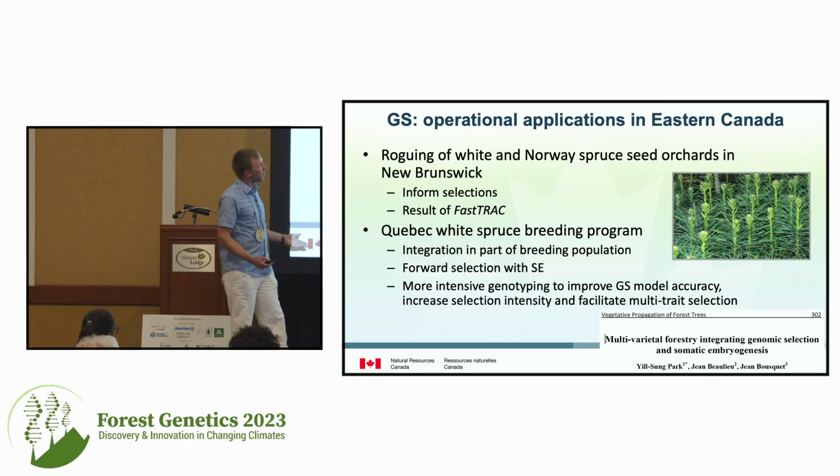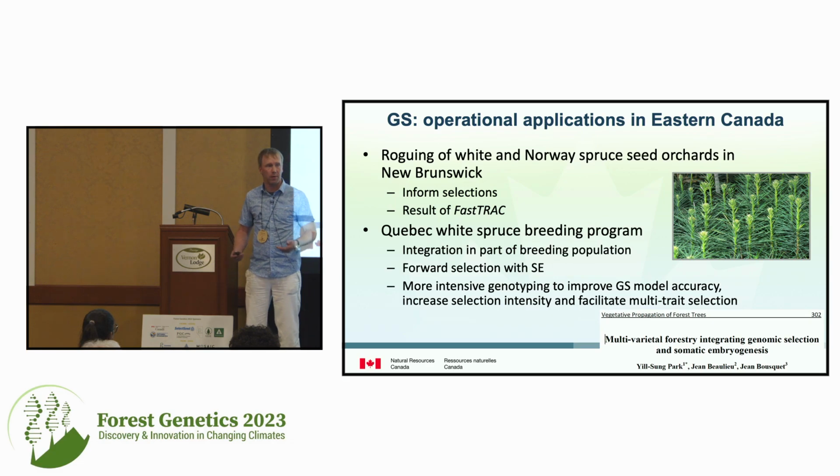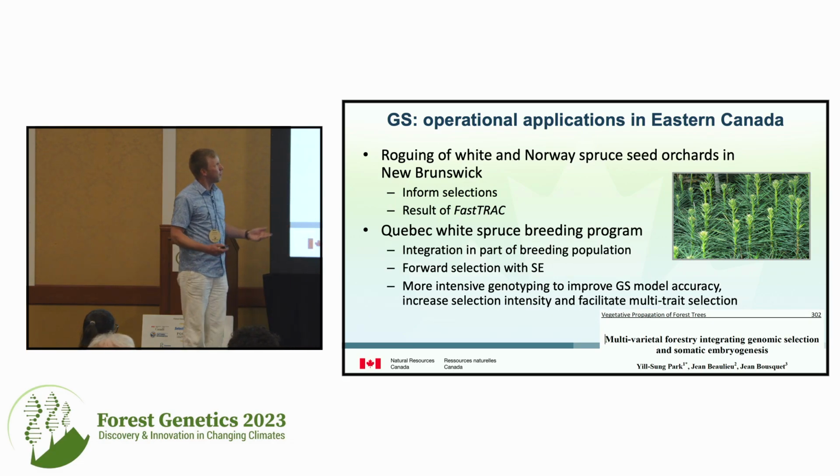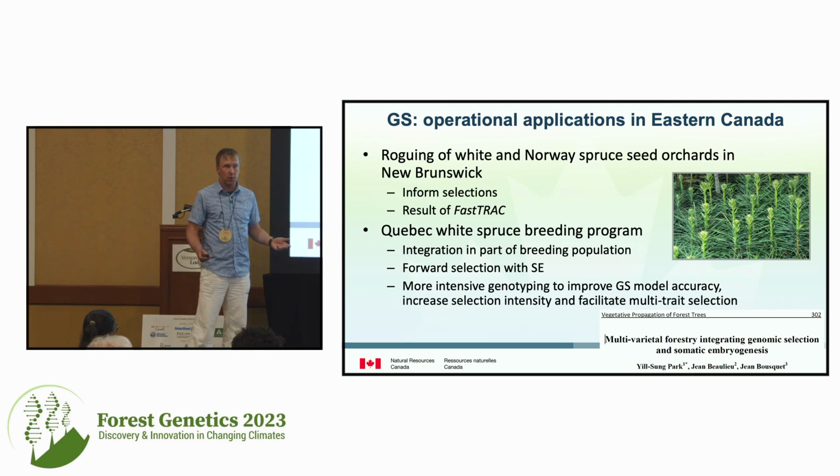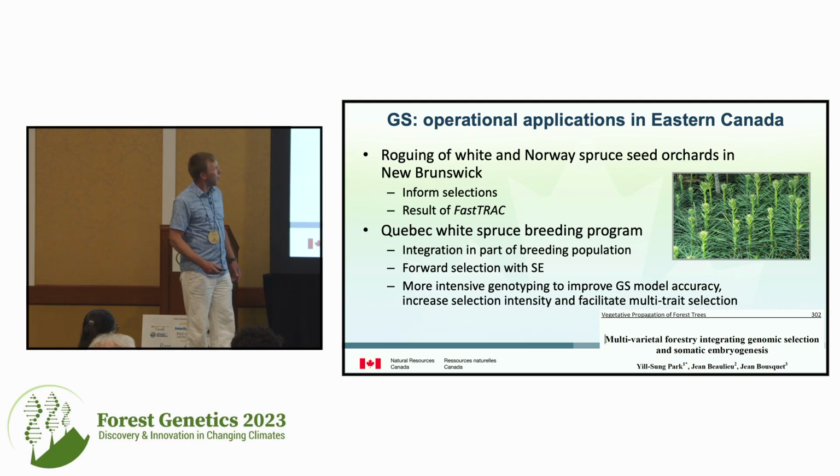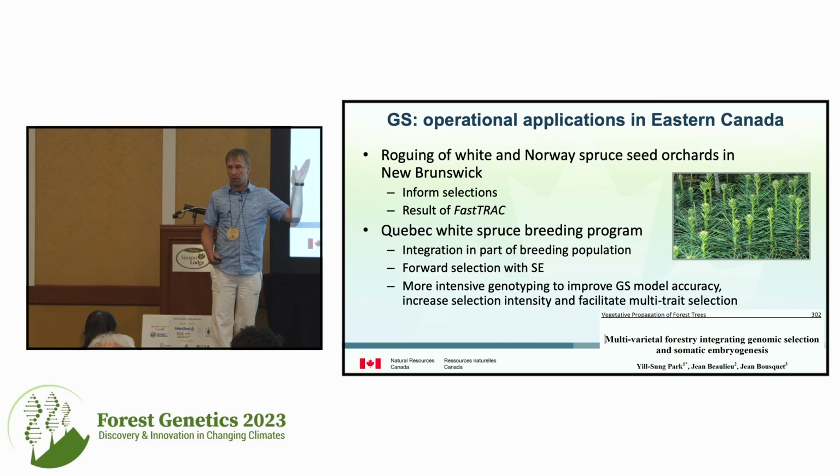Operationally, from an Eastern Canadian perspective, you may have listened to Funda's talk just a couple of minutes ago. We have been making decisions, for example, on seed orchard management using genomic estimated breeding values. We have also been integrating genomic selection into basically the entire Quebec white spruce program.